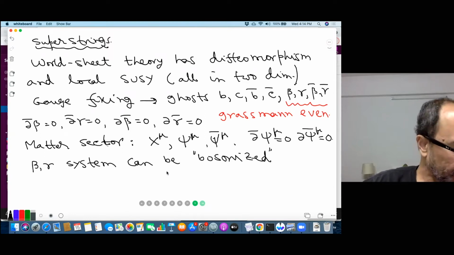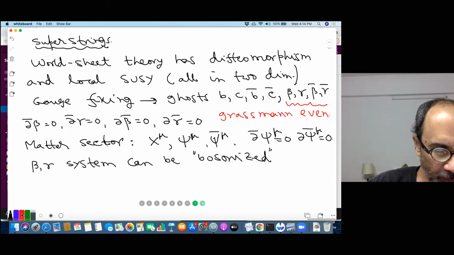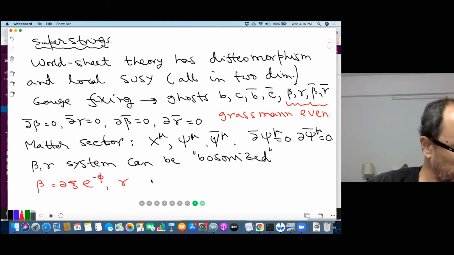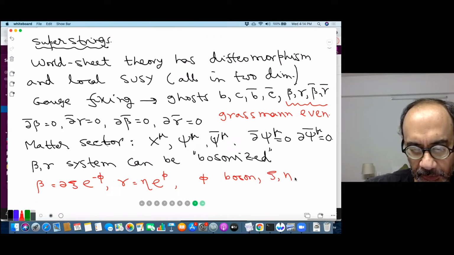So let me write down the relationship. You bosonize them, but at the same time you put some additional fermions. So the rule for bosonization is that beta is del xi e to the minus phi. Gamma is eta e to the phi. Where phi is a boson and xi, eta are fermions.